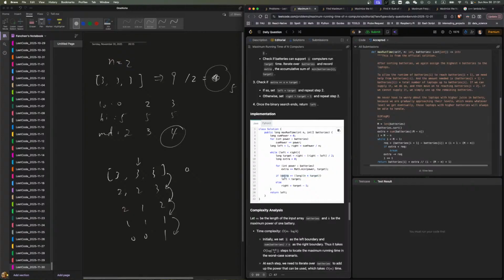If extra... it's not really extra, it's just the amount of power that's needed. Total amount of power currently available, right?